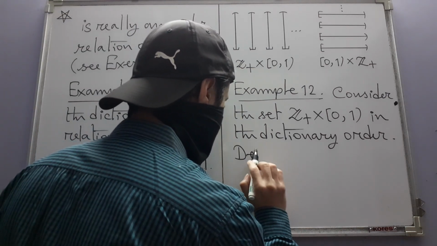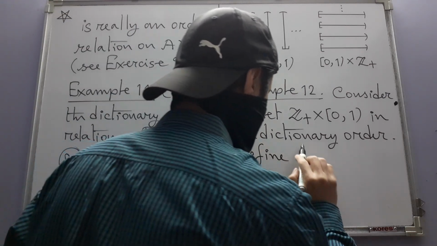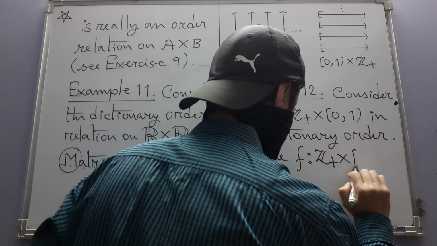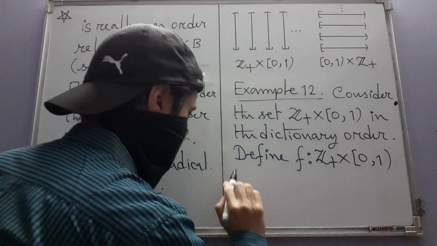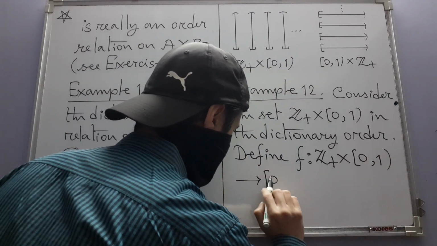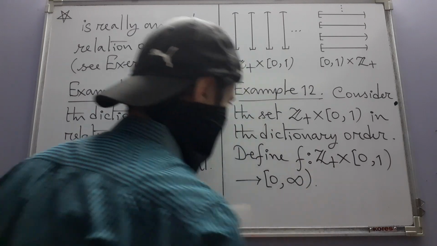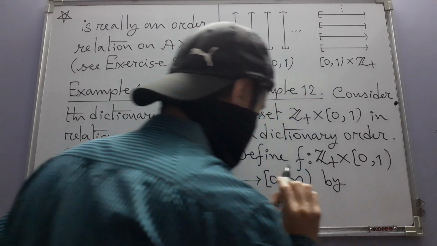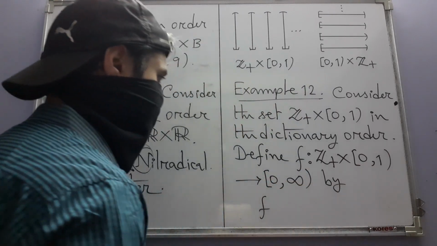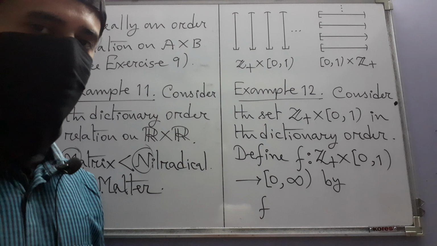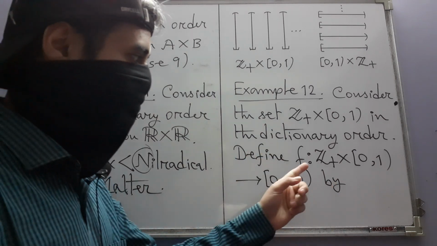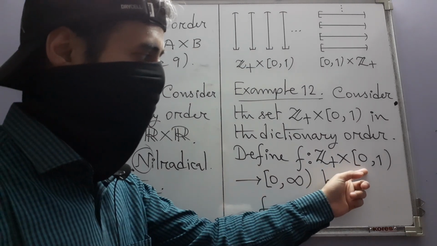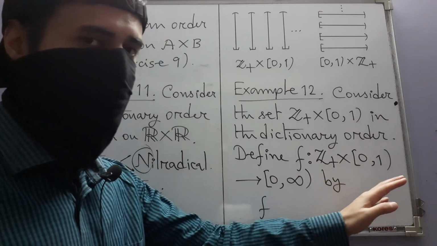Now what we are going to do, we are going to define a function f from this set into the set of non-negative real numbers by this rule, by this formula. Each input is going to look like what? It will be an ordered pair, where the first component is going to be a positive integer and the second component will be a real number between 0 and 1. It can be 0 but it cannot be 1.